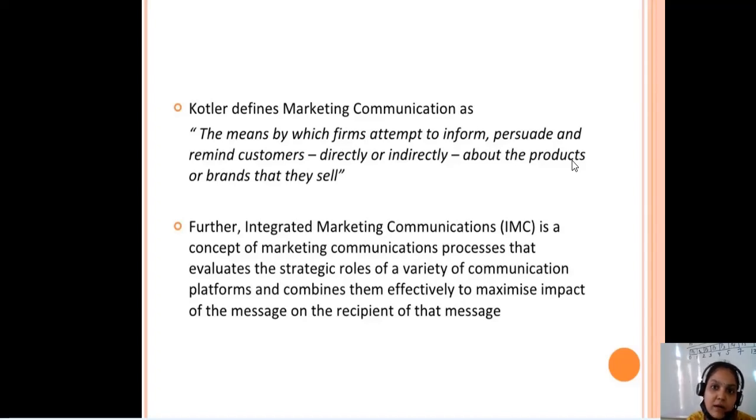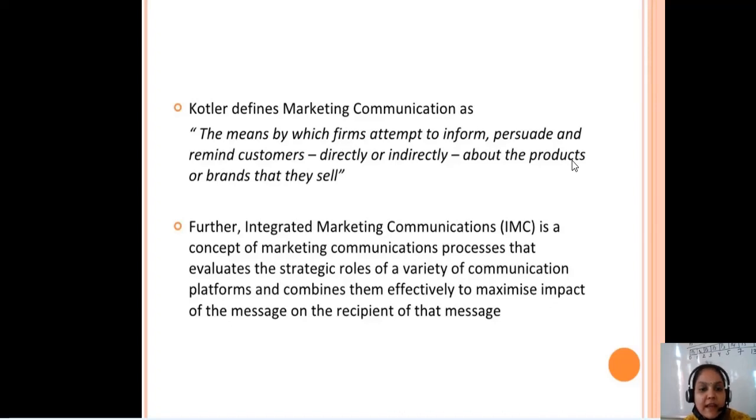Further, integrated marketing communication is also there. Marketing communication and integrated marketing communication are interrelated with each other. Integrated marketing communication is a concept which was implemented after marketing communication was built.